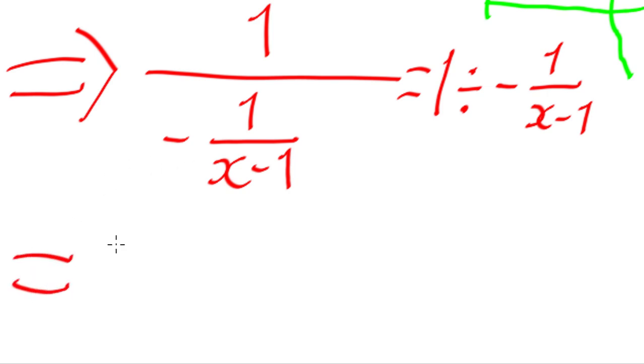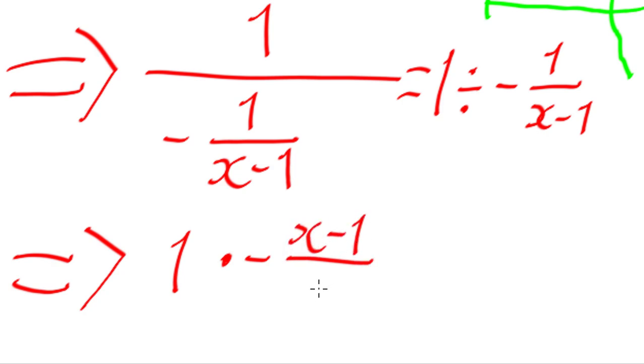So if we do that, this will give us 1 times the reciprocal of this, which is negative x minus 1 all over 1. Okay, and then any number multiplied by 1 is still the number itself.